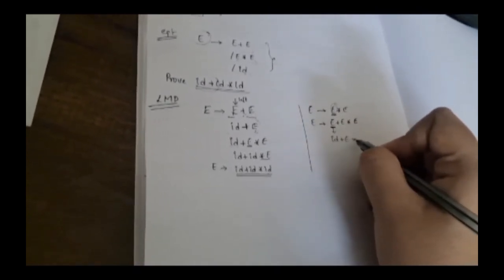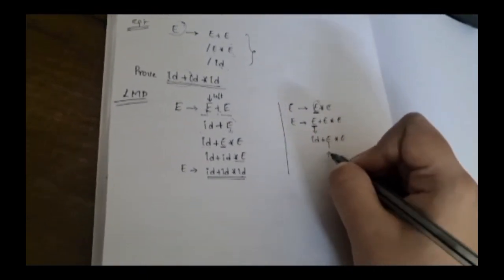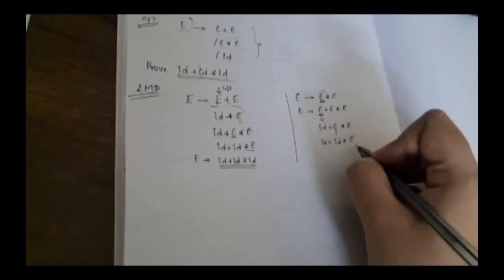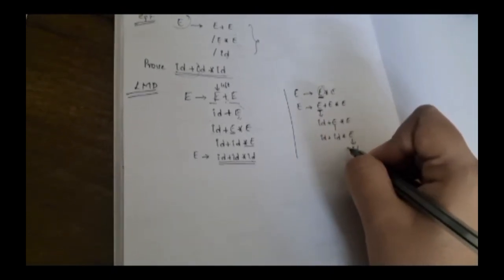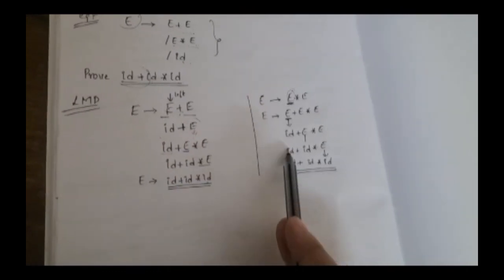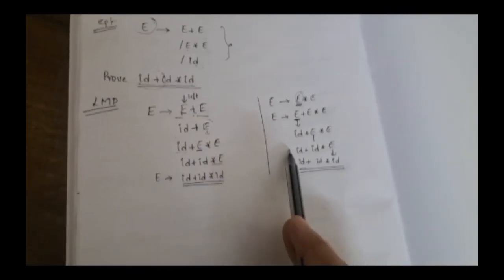So instead of this, I will write ID plus E star E. Again in place of E, ID. Again in place of E, ID. Okay, so it's been proved. So now we got two LMDs. This is the first LMD, this is the second LMD, where whichever you take, you'll get the statement.